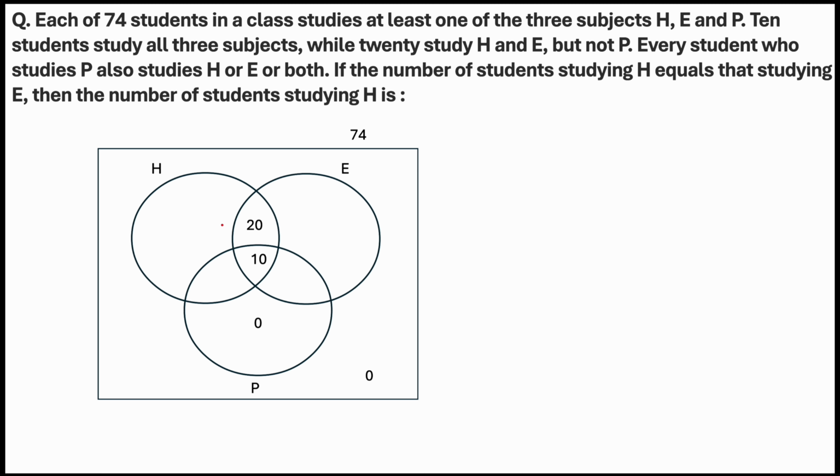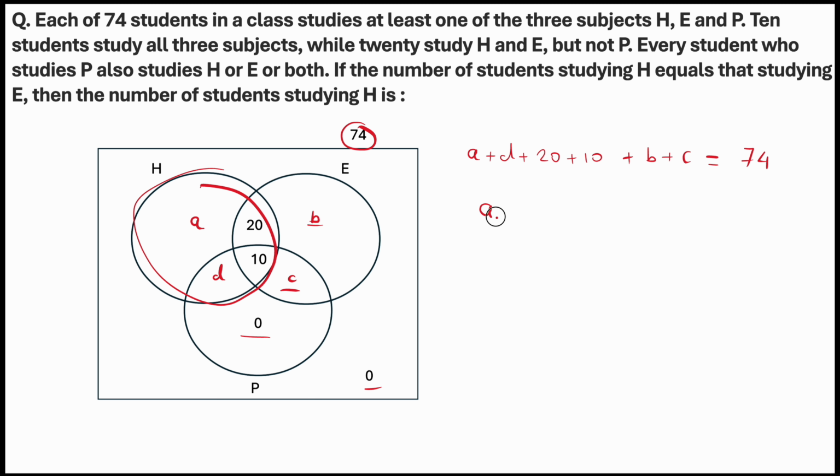Let us name the remaining regions as A, B, C and D in number. We can now observe that the total number of people has to be the universal set, 74. So I can write A plus D plus 20 plus 10, this entire circle actually, plus B plus C plus 0, this entire thing should be equal to 74.